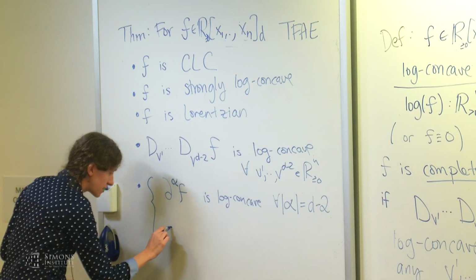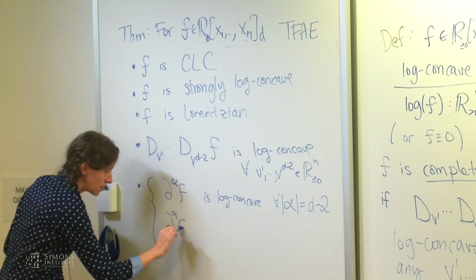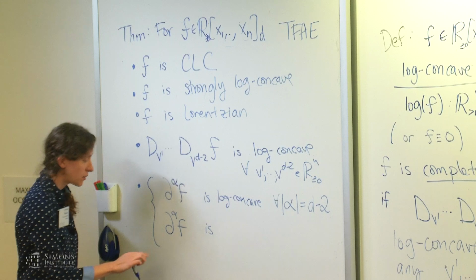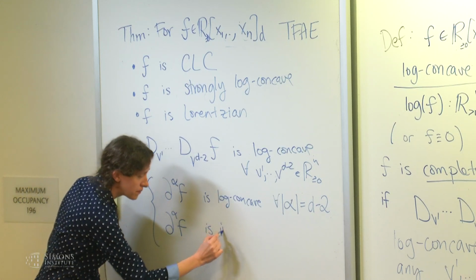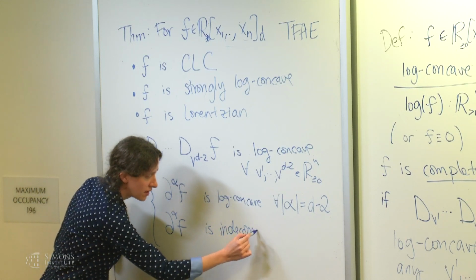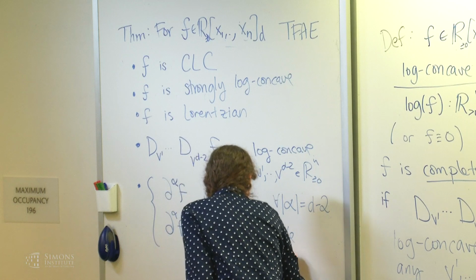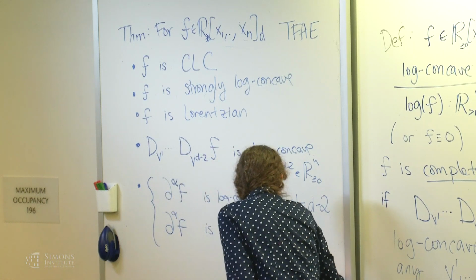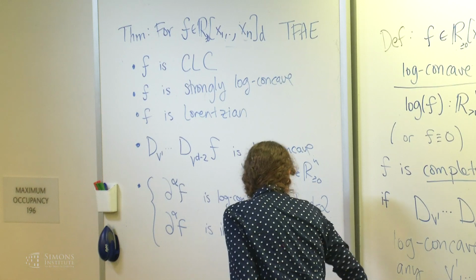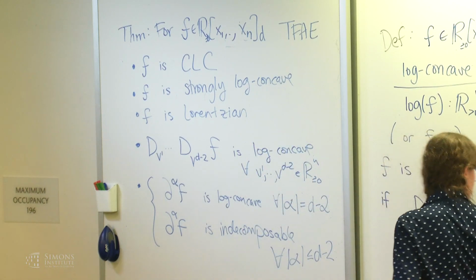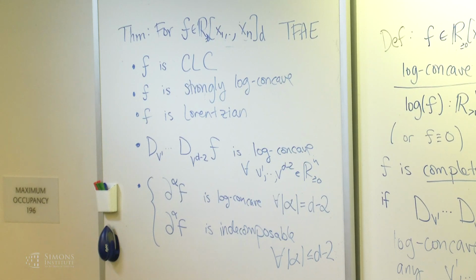And then the other that I want to write down is that whenever you take a directional derivative, you get something I'm going to call indecomposable, where indecomposable is avoiding this type of polynomial we saw before, which is really a sum of polynomials in two different sets of variables. That's trouble, so we want to avoid those.